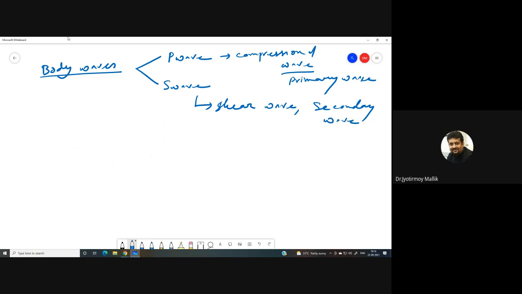Now, what happens in case of P wave? You know this, I'm just repeating, that the individual particles actually oscillate, because the wave propagation will result in the oscillation of these particles, right?